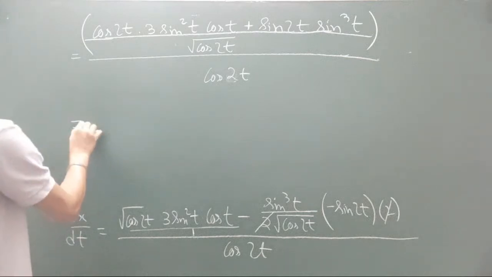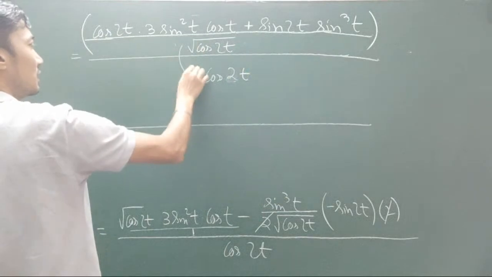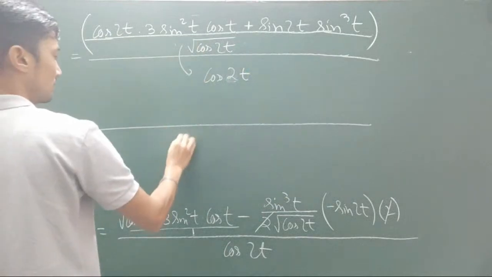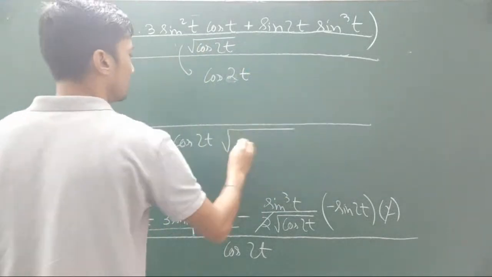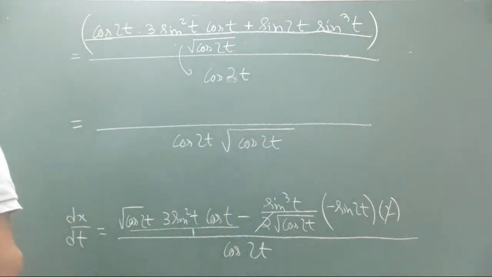So rewriting that once again, so you'll have cos 2t root over of cos 2t. Let's see if we can just make some more arrangement. Just now I gave you the formula.